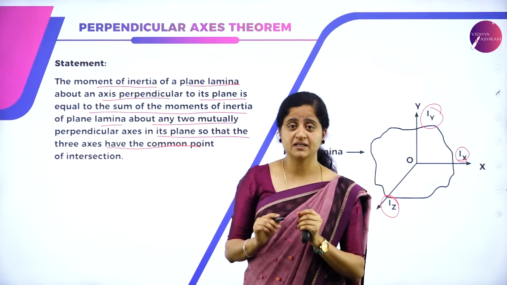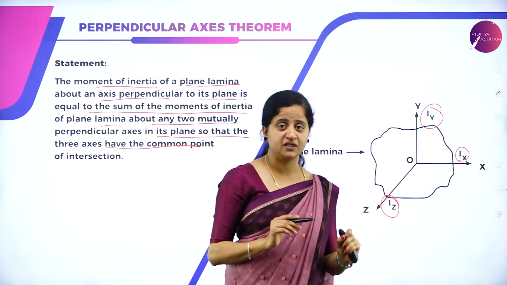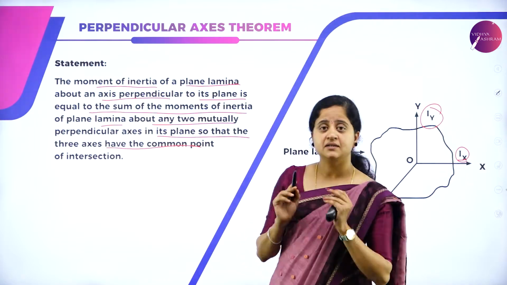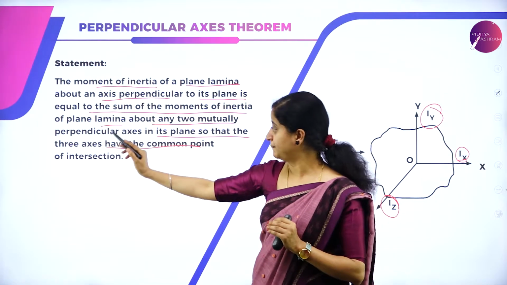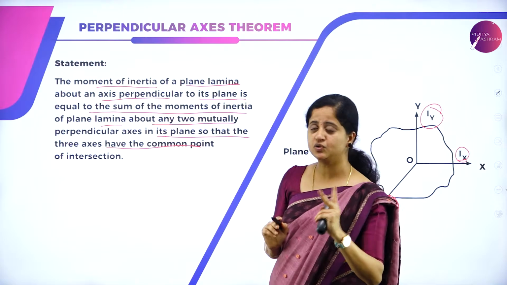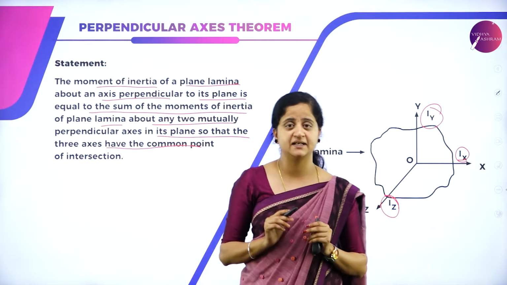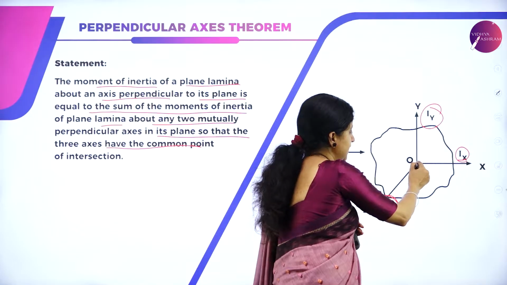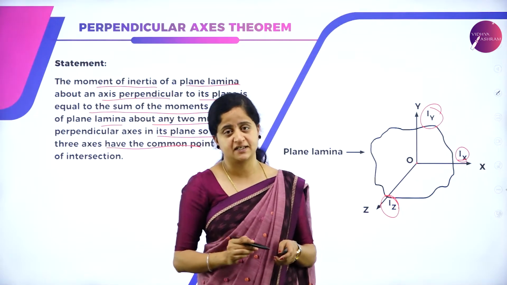So any one axis along which we can find the moment of inertia which is perpendicular to the plane is equal to the sum of moments of inertia of a plane lamina about any two mutually perpendicular axes in its plane. So the condition is all three axes must have the common point of intersection.